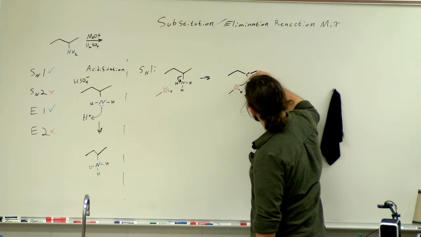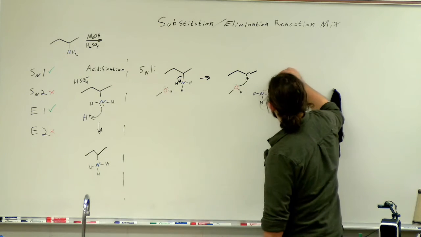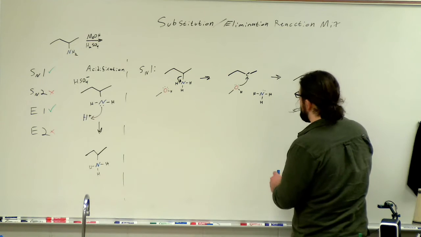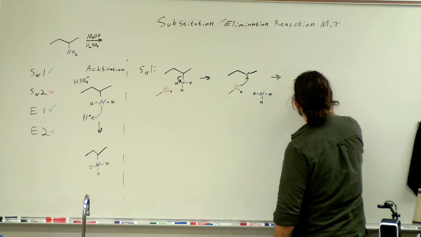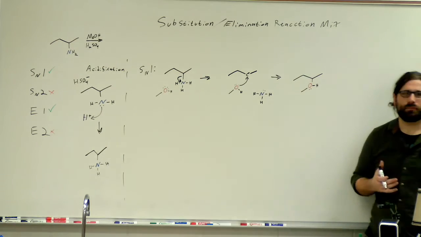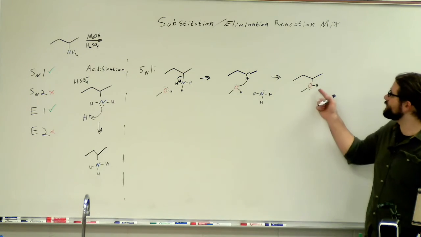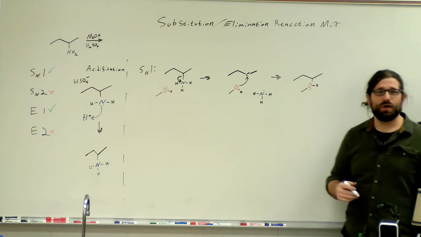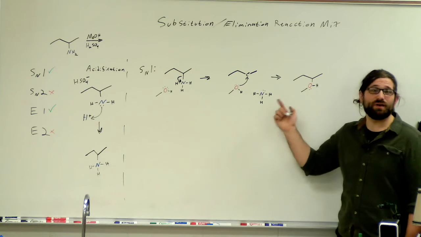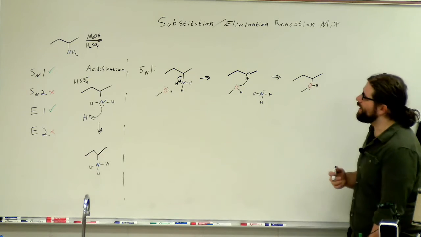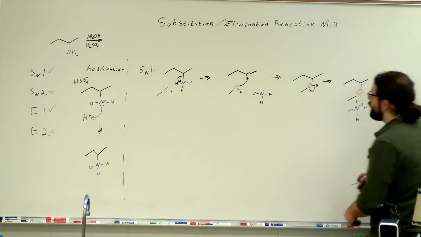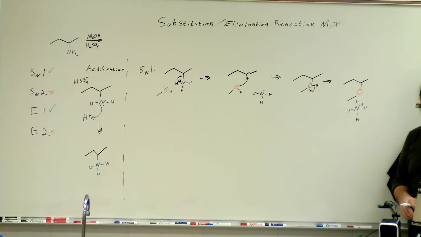And so it's going to swing and attach. And finally, it's not exactly the most stable thing in the world with that hydrogen sitting there, so that hydrogen is going to leave. Likely, it'll get taken up by this ammonia to make the ammonium ion. So there are our Sn1 products.